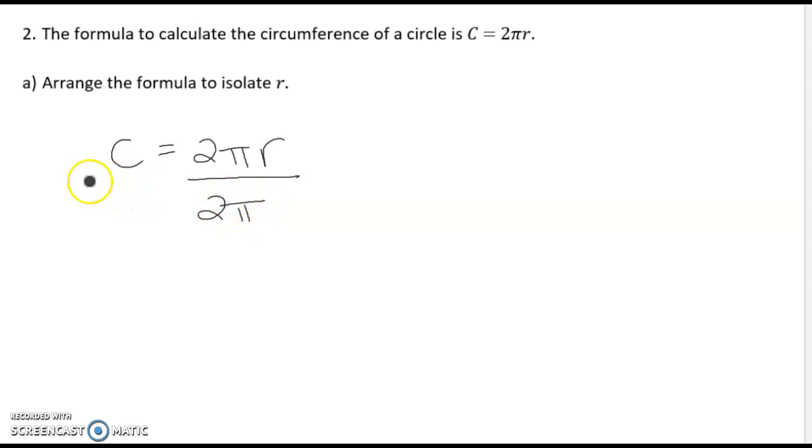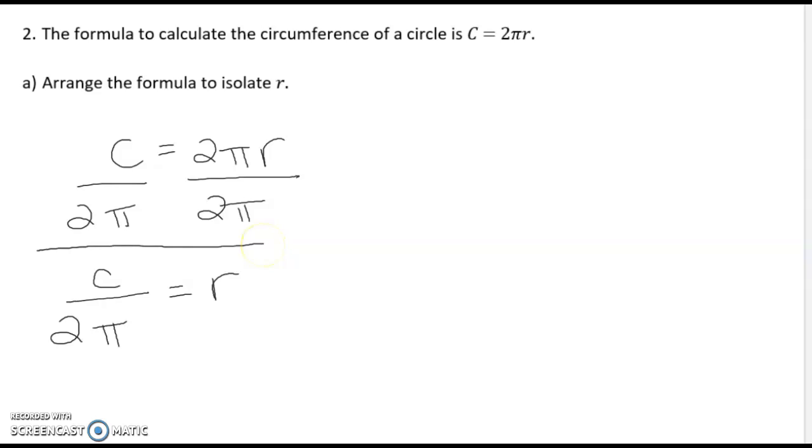And if you do it on one side, you have to do it to the other side. So now we are left with circumference divided by 2 pi equals r. There's your final answer. So remember, if I'm ever going too fast, just pause and rewind as many times as you need.